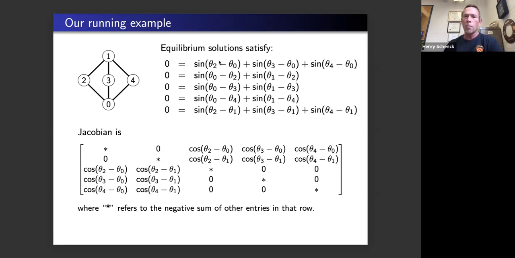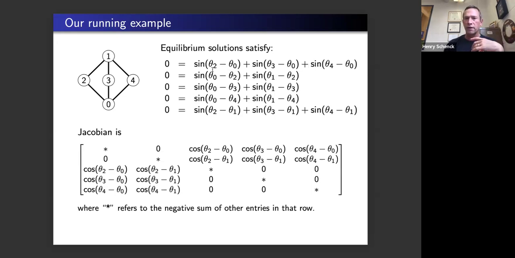Now when we take the Jacobian of this system of equations, what I get is this 5 by 5 matrix down here. And I want to go through this slowly. And I want to ignore the diagonal for a second. Let's take this first equation. I differentiate it with respect to theta 0, then with respect to theta 1, then theta 2, then theta 3, then theta 4.